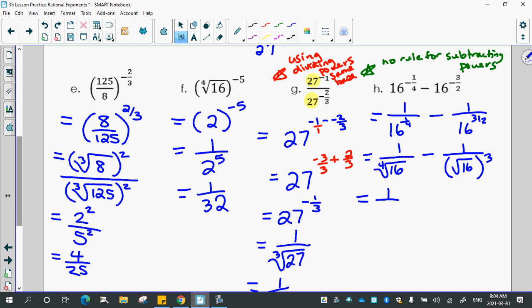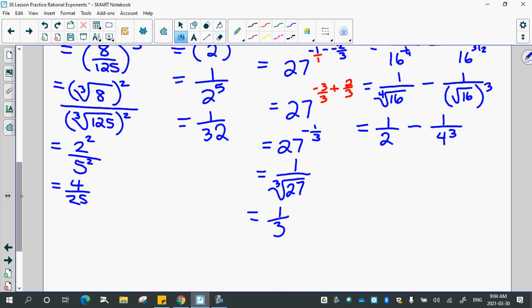So that's going to be 1/2 minus 1 over 8, sorry, 4 cubed. Which gives me 1/2 minus a 64th.